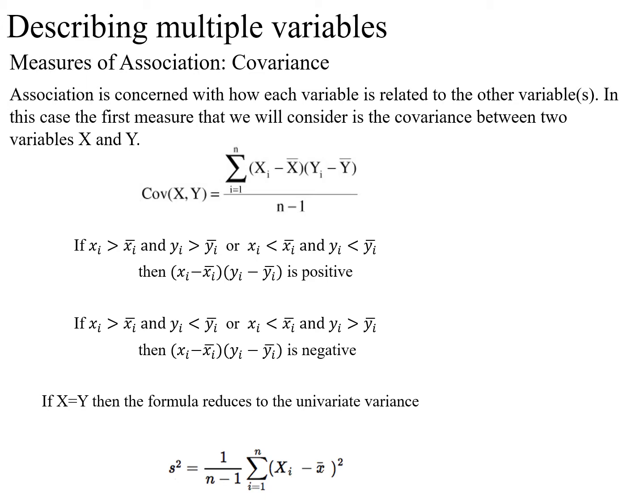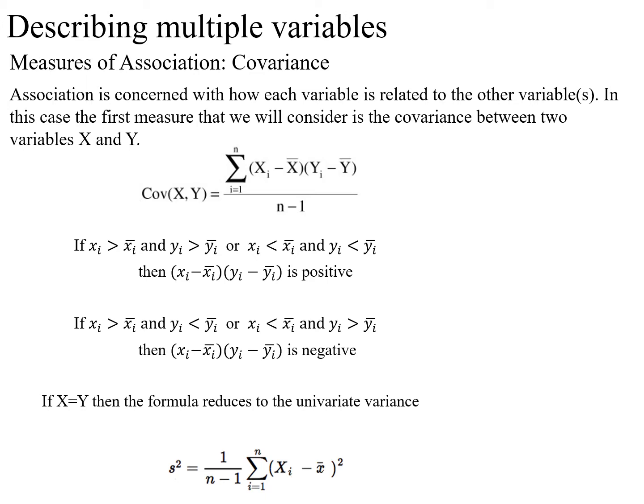So the covariance is going to be lower. And of course, the same is true in the opposite case, if x is less than the mean and y is greater than the mean. And then of course, if you look at the covariance between x and y, but you look at the same variable twice, so you're doing the covariance between x and x, what you can see is that the covariance equation reduces to the variance equation.